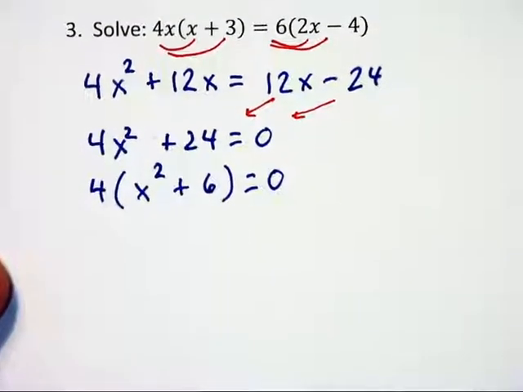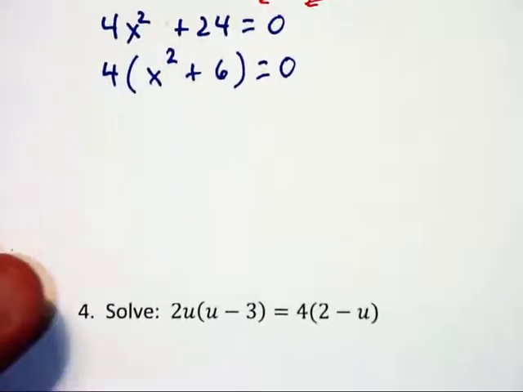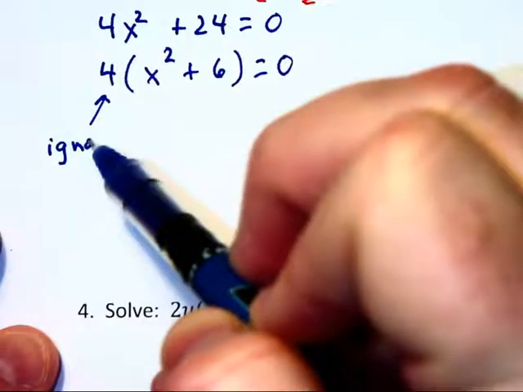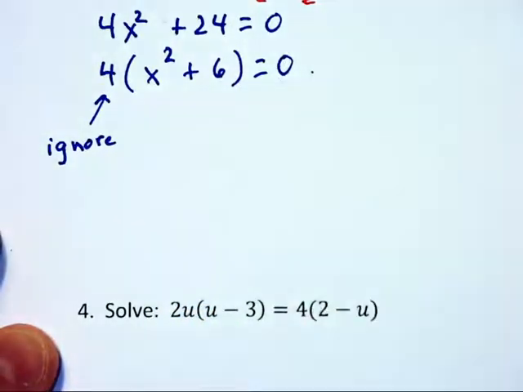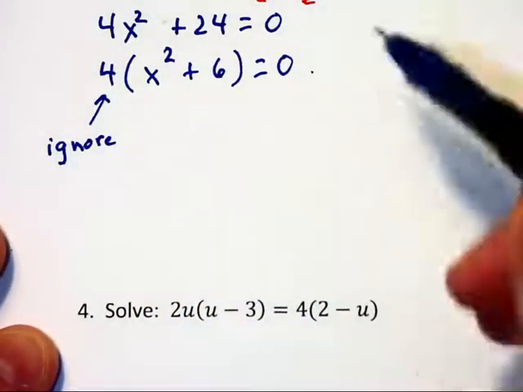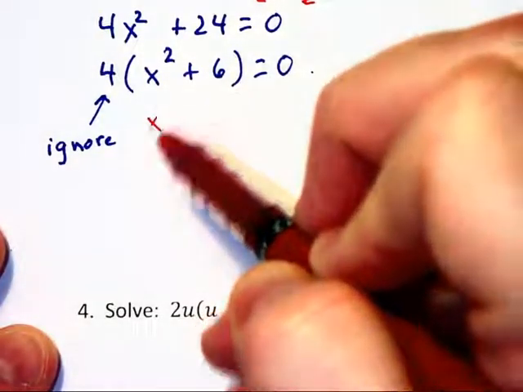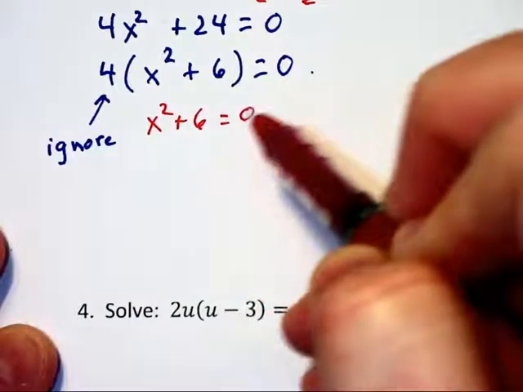At that point, we have a couple of choices. We do know that we can ignore this 4 because it's a constant and it can be divided off of each side. You can either say, well, you've got two choices. Some of you may say, let's go x squared plus 6 equals 0.